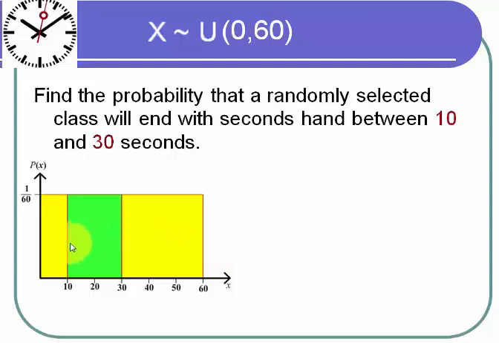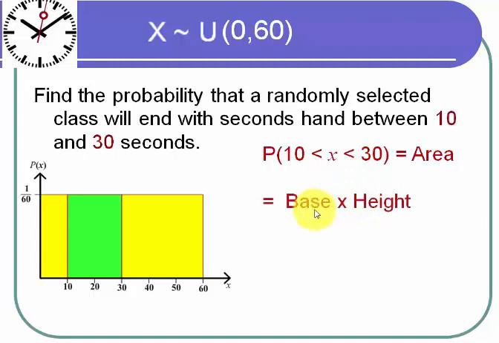But we also have another rectangle between 10 and 30. Because remember, the probability that x is between 10 and 30 is the area under the curve, or in this case, the area under the straight line segment between 10 and 30 above the x-axis. And that area is the probability that x is between 10 and 30, which is a rectangle.